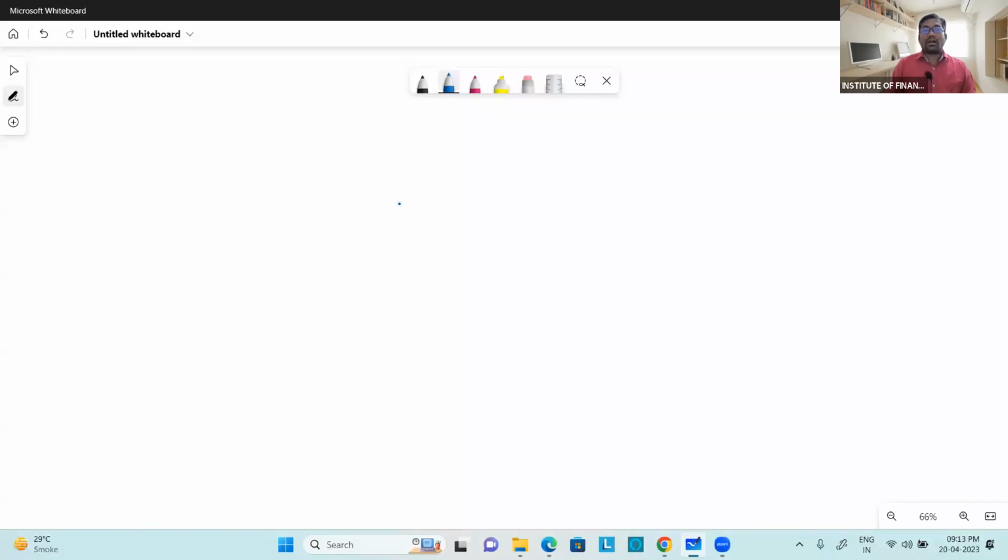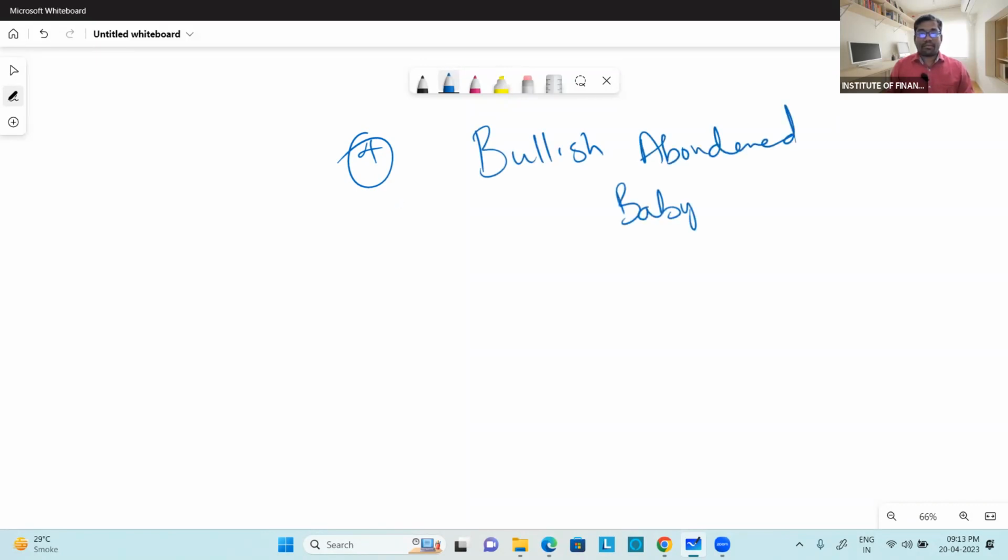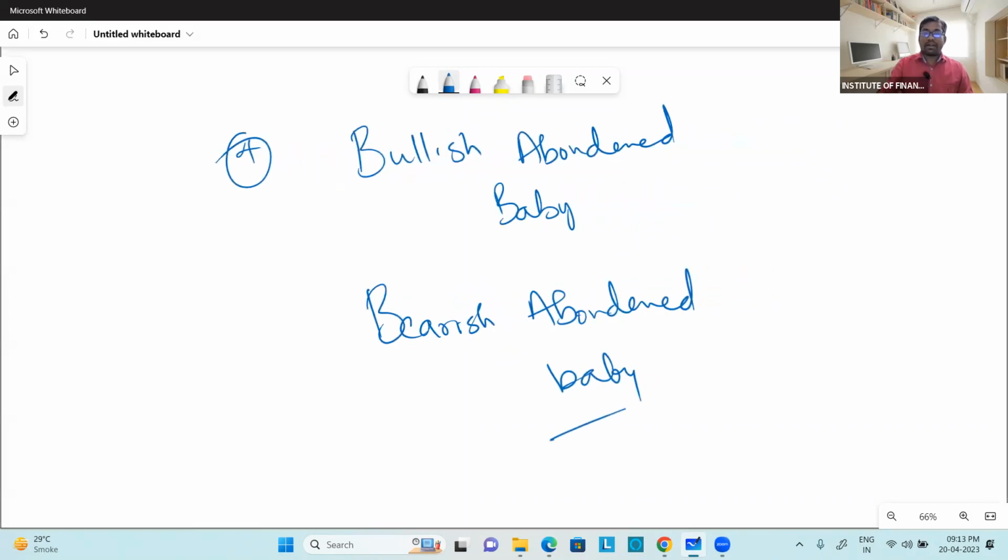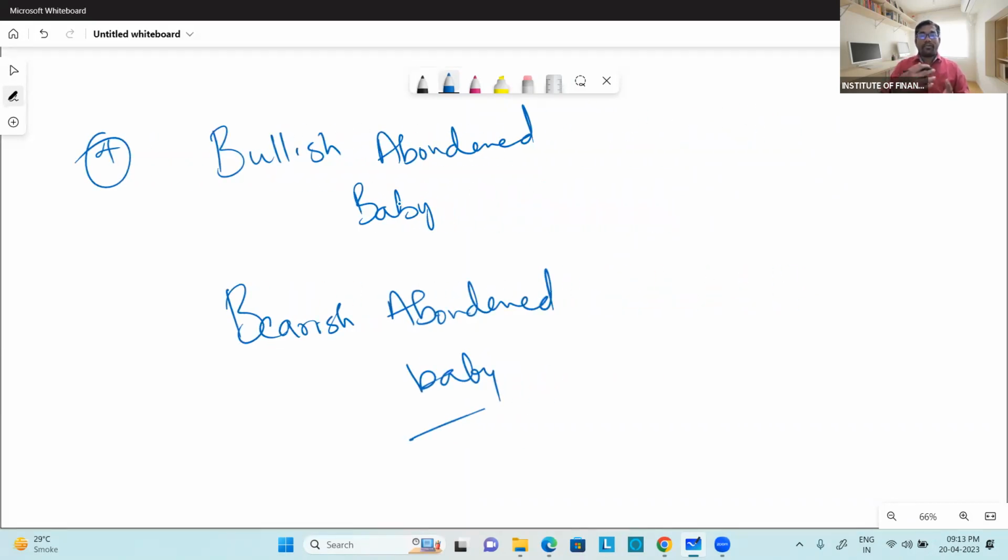It is a brother pattern. The difference between the previous three candlestick patterns and these patterns is simple.